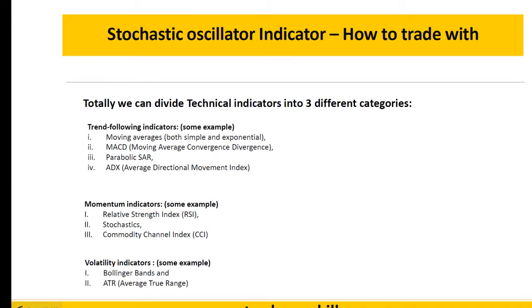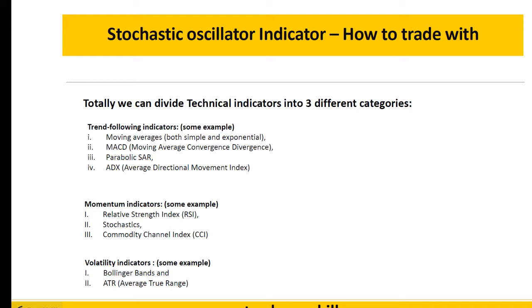So as I told before, totally we have three different categories of indicators, which are trend following indicators, momentum indicators, and volatility indicators.